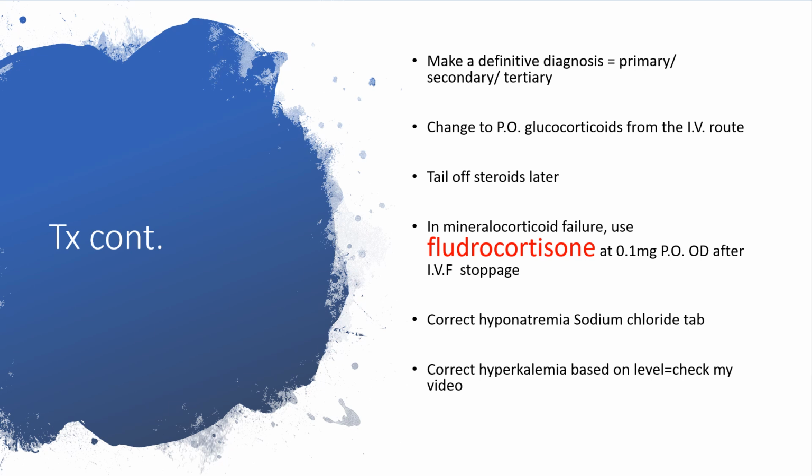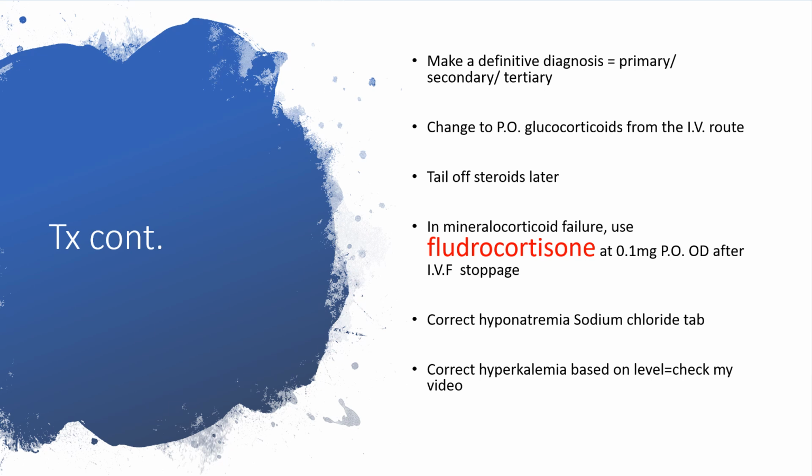We will correct hyponatremia using sodium chloride tabs, and we'll correct hyperkalemia based on the level of potassium. I repeat, hyperkalemia will be corrected based on the level of potassium. You can check my channel for the full presentation on hyperkalemia, but briefly, if the level is 6.5 millimoles per liter and above, of course, we'll grab our glucose, our insulin, our salbutamol, our calcium gluconate, and rush it to bring it down.